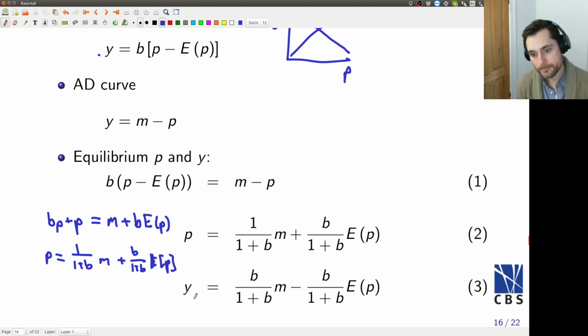Okay, so once we've done that, now look up here, we've got little y is equal to M minus P. Let's use our new expression for P and substitute that in.